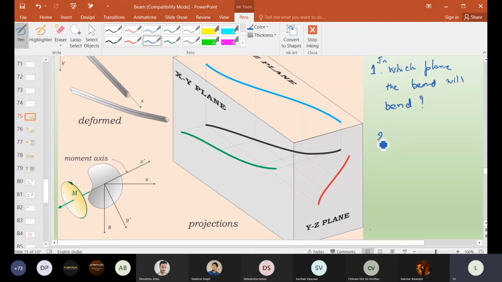Then, where is the neutral axis position? We have to answer these two questions.